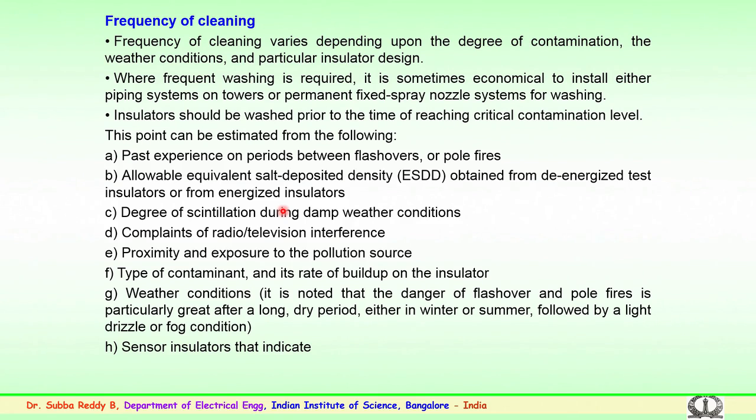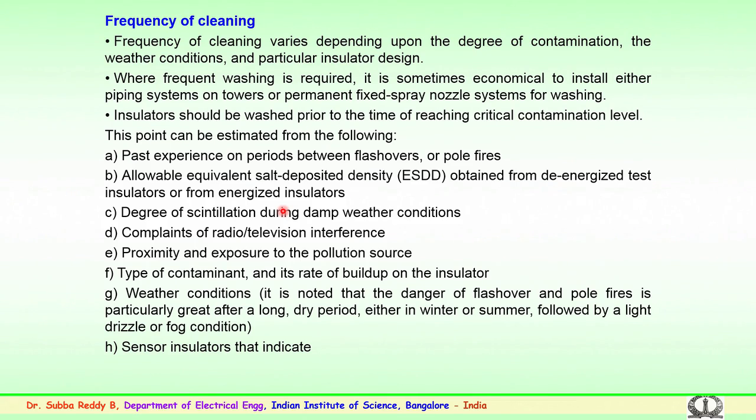Proximity and exposure to the pollution source: how far the transmission system is from the pollution source. The pollution source could be, as mentioned, an industry, or a sea coast where the salt spreads on the surface, or dust contamination, ice loading, or cement, or any of the sources.